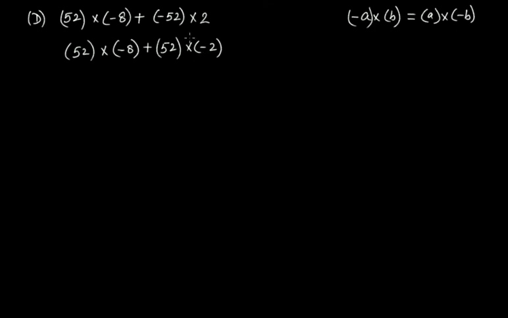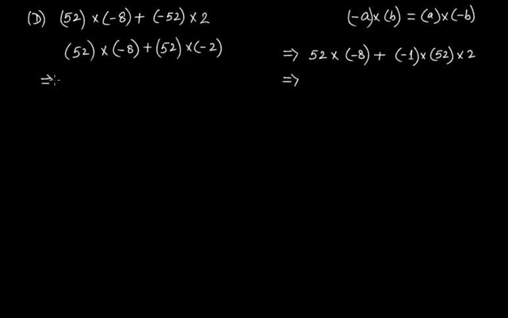For those who are getting confused in this one, though there's no proper point of getting confused here, you can still write it like 52 times this 8, and then you can write it like minus 1 times 52 times 2. What we did, we wrote minus 52 as minus 1 times 52, right? Both are the same thing, because if you multiply minus 1 with 52, you'll get minus 52.